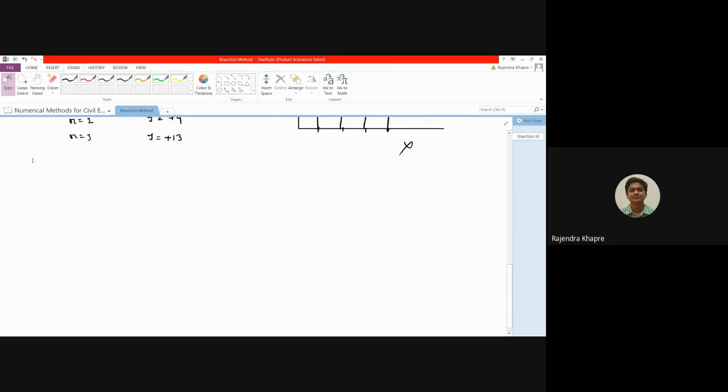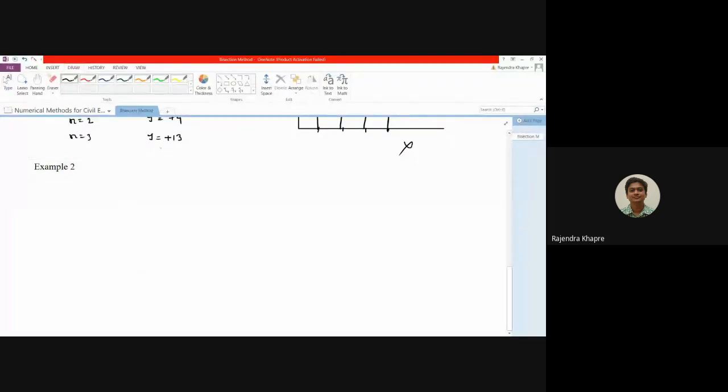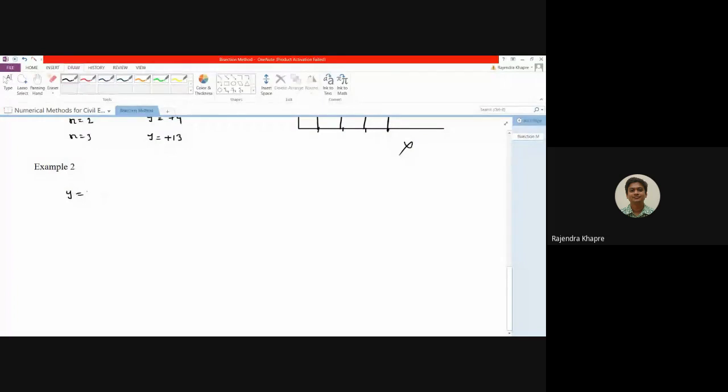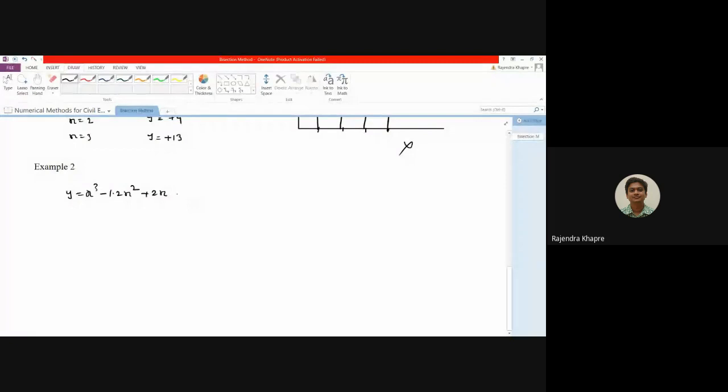So let us try a different example for which I already know the solution. Let me write example 2. Now in this example we will take an equation which is of third order. Here I am taking y as a function of x. The function of x is x cube minus 1.2 times x square plus 2 times x minus 2.4.